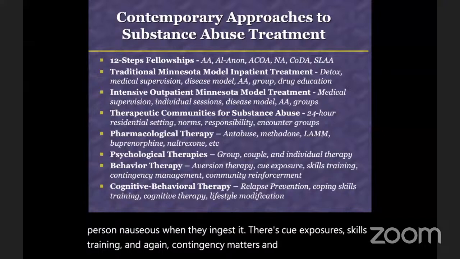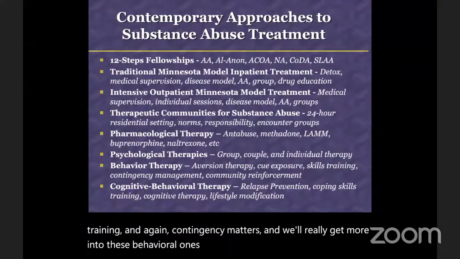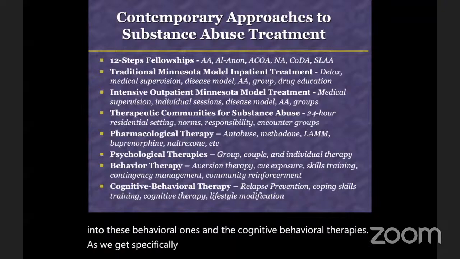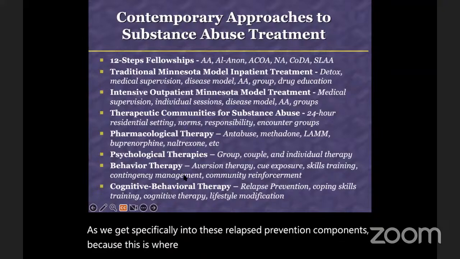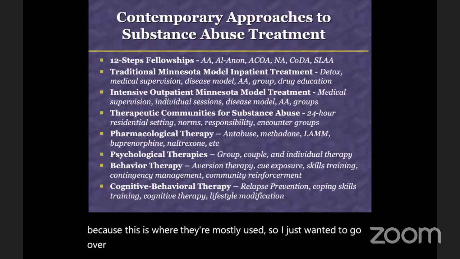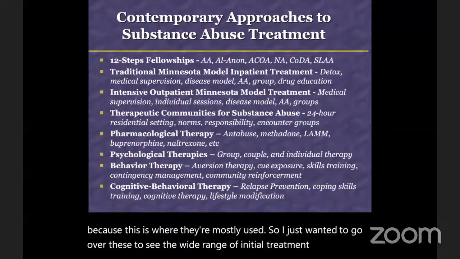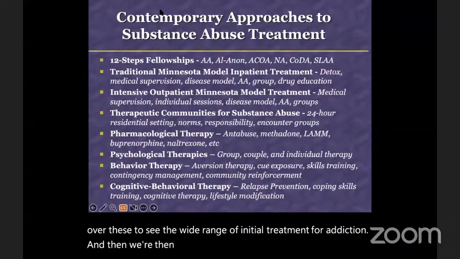And we'll really get more into these behavioral ones and the cognitive behavioral therapies as we get specifically into the relapse prevention components, because this is where they're mostly used. So I just wanted to go over these to see the wide range of initial treatment for addiction. Then as we move along, we get into the relapse prevention aspect.